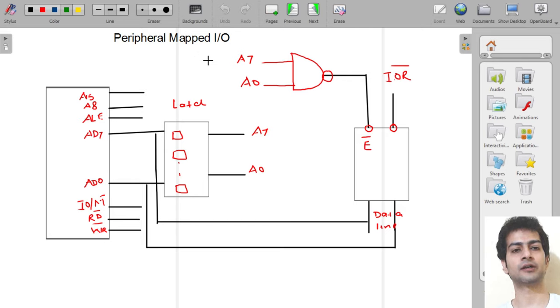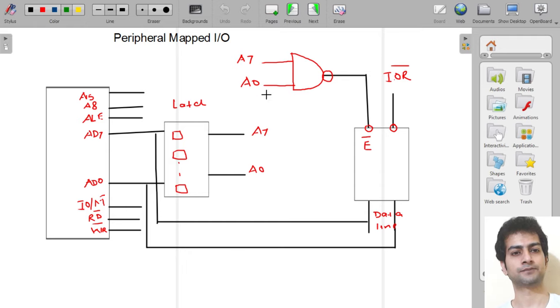So whenever they find a question based on peripheral mapped input output and memory mapped input output, then they generally tend to make a mistake. So here we will look at both in detail. We will look into all the properties of both these types of input output mapping, and then all your doubts and queries will be resolved.